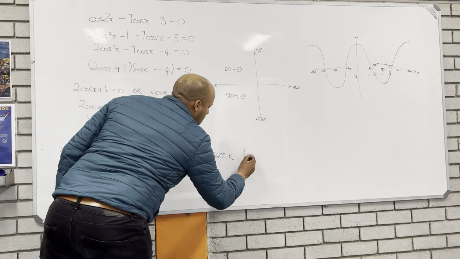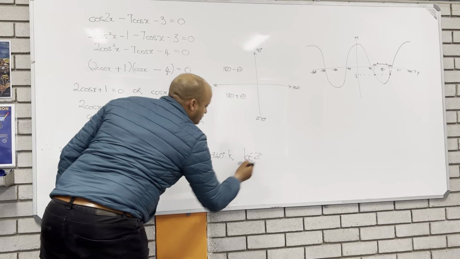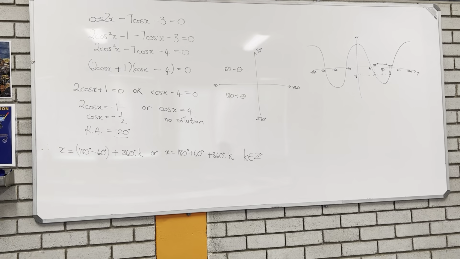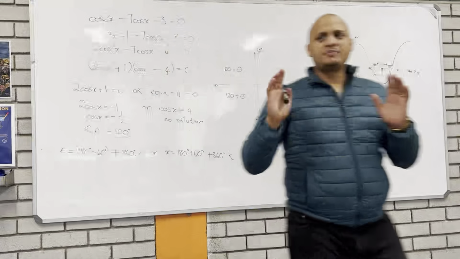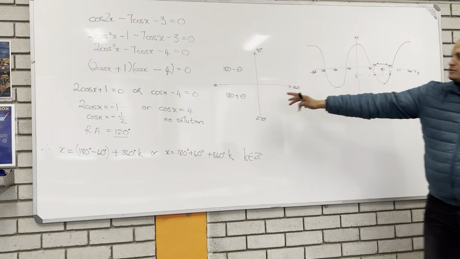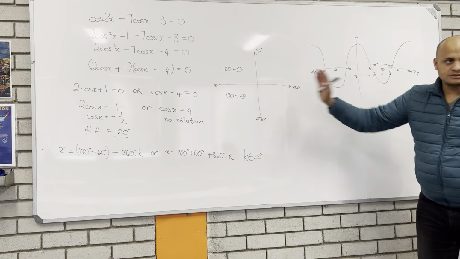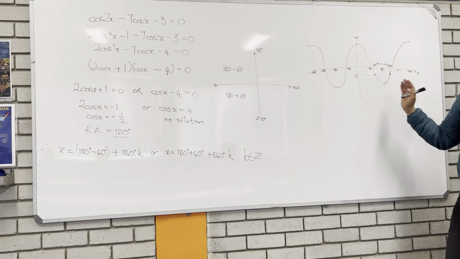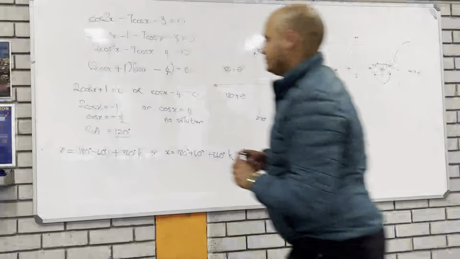Are we together on this one, people? So we are using 180 minus and plus because it's negative. And I was hoping that the graph and my Cartesian plane are speaking to each other and helping you to understand better, because they must correspond.